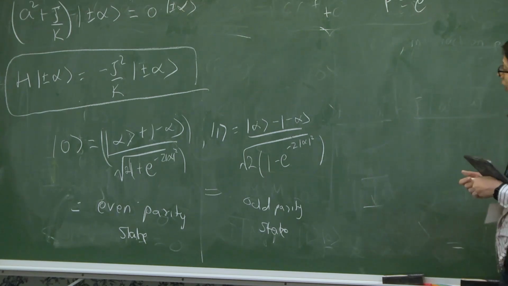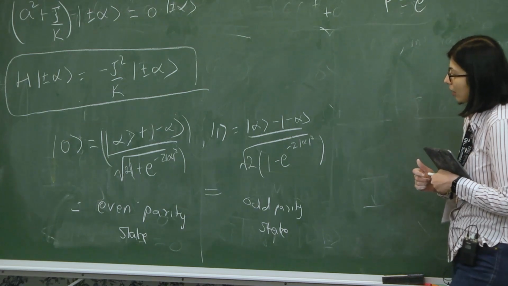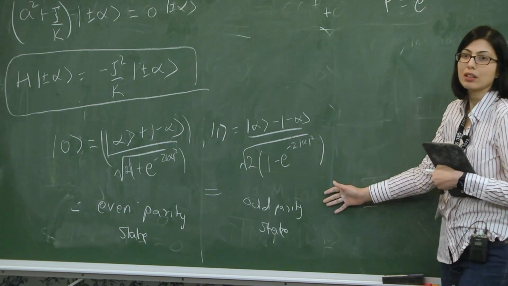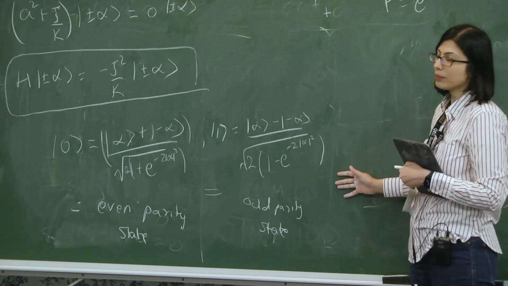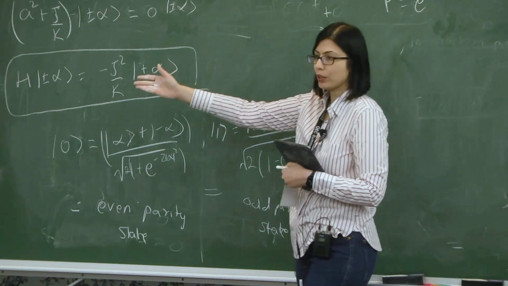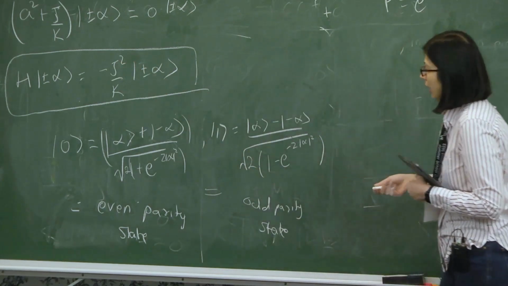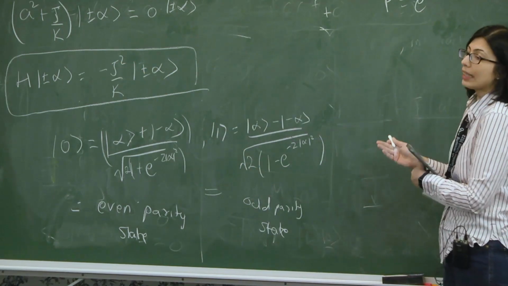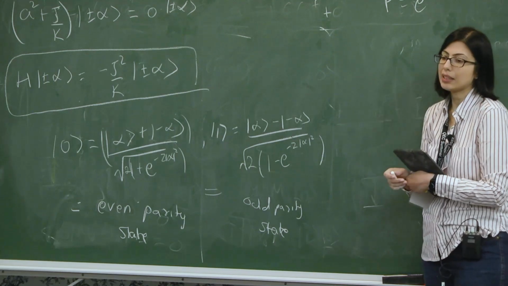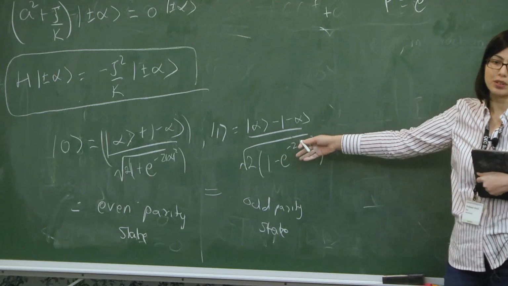Okay. So this is the Kerr-Cat qubit. It is realized in a 2-photon driven Kerr nonlinear oscillator. It is not a logical qubit in the sense that it doesn't satisfy the error correction criteria for a single photon loss.